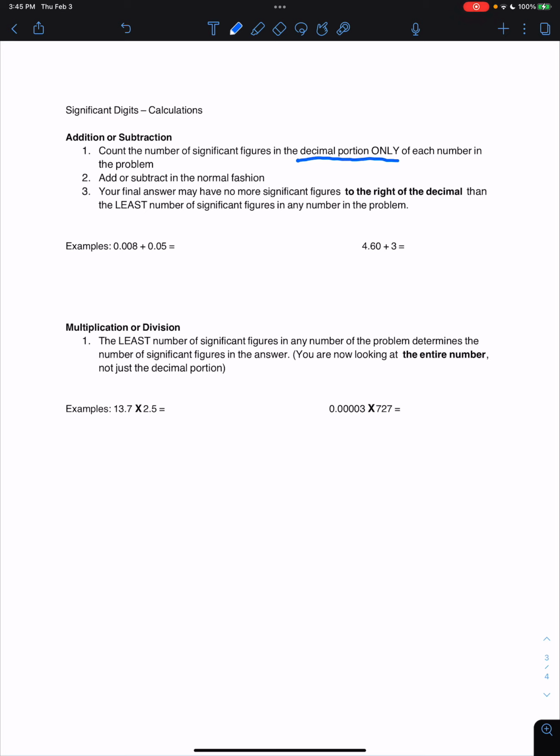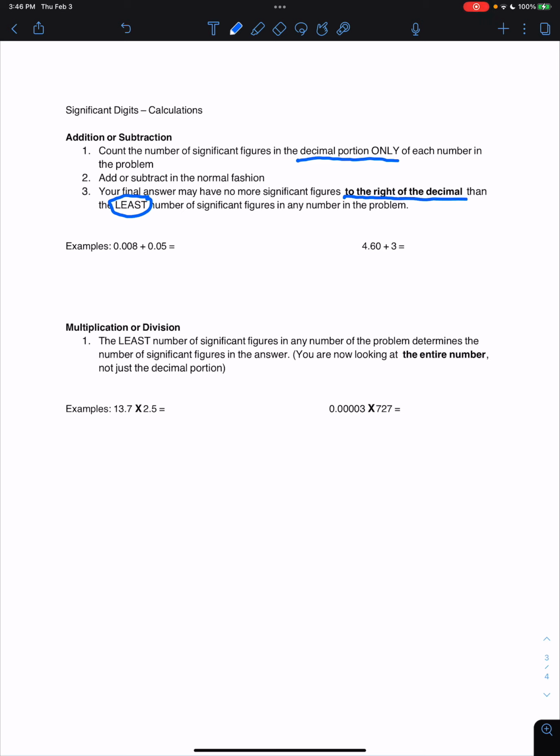And then the tricky part is your final answer can have no more significant digits to the right of the decimal than the least number of significant digits in any number of the problem. Let me give you a couple of examples to show you how this works.